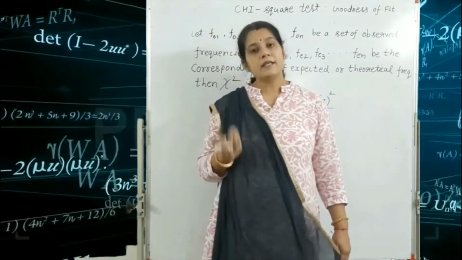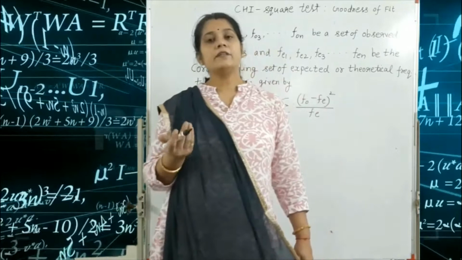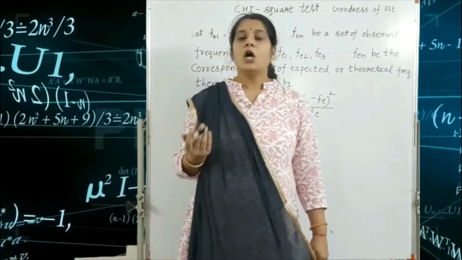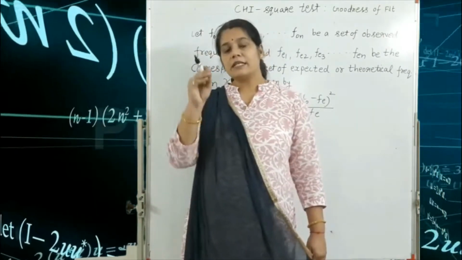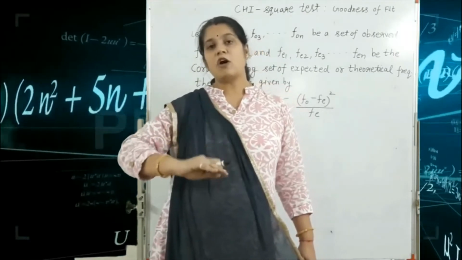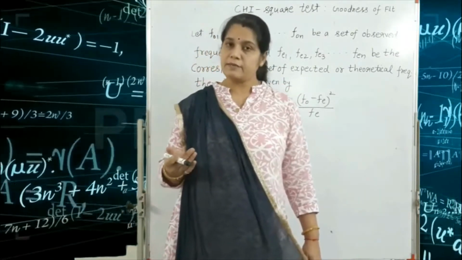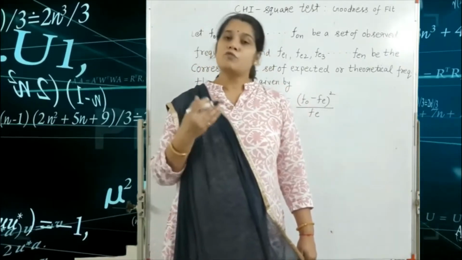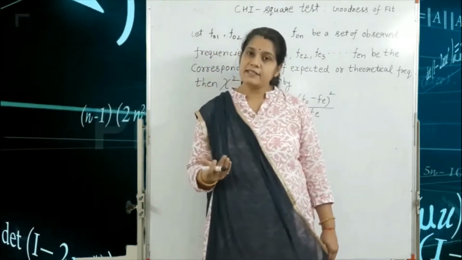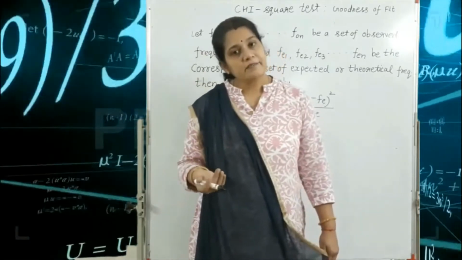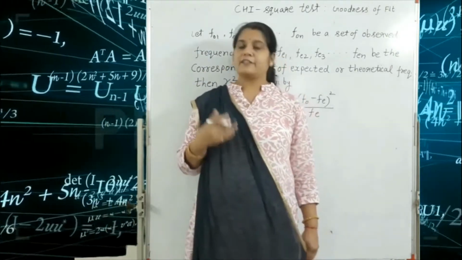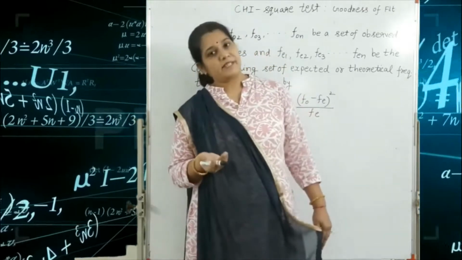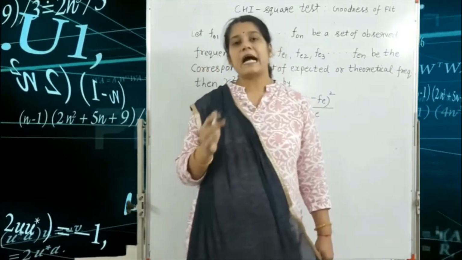In the F test we are given only the standard deviation or variance, because the F test depends on the variance. Sometimes a question is given in standard deviation form, so first you find the variance from your standard deviation, and after that you apply the F test. The third one is the chi-square test.